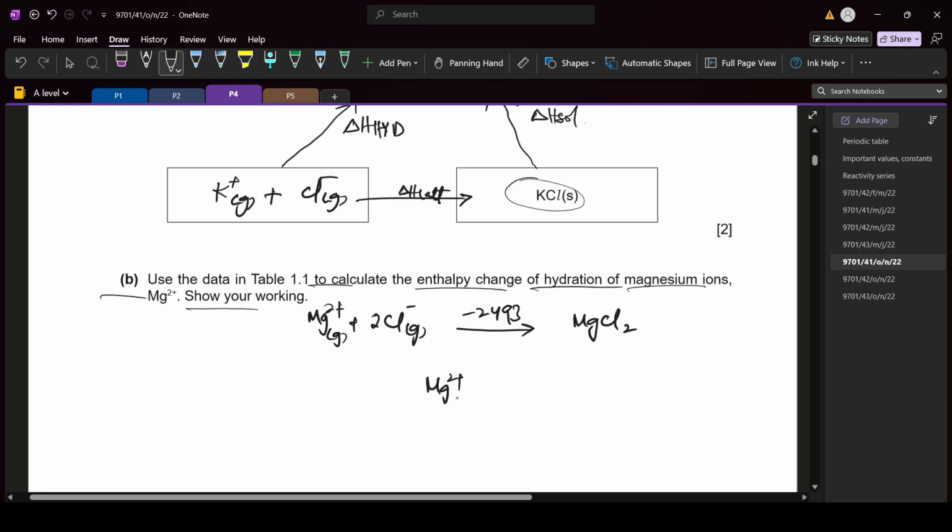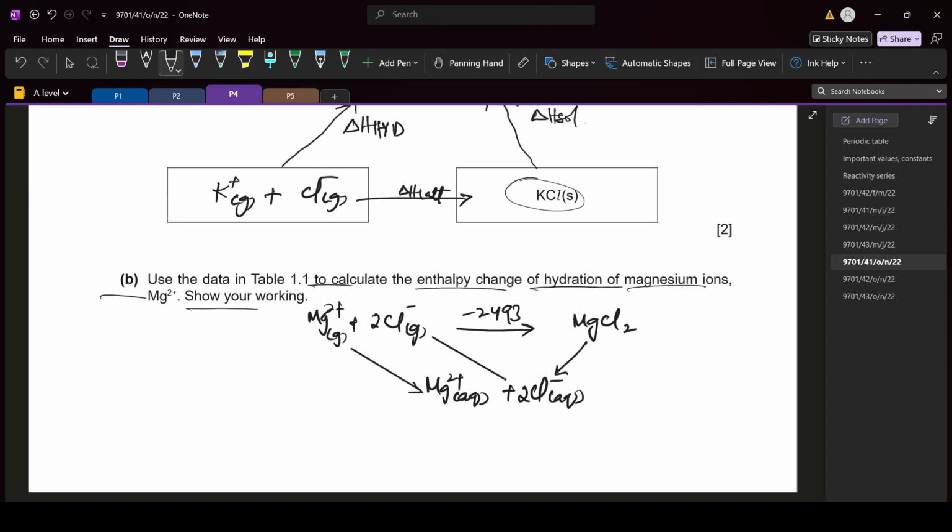Then you have magnesium 2+ ions and chloride ions in aqueous form. This is the enthalpy change of solution, and this is the enthalpy change of hydration of magnesium ions.